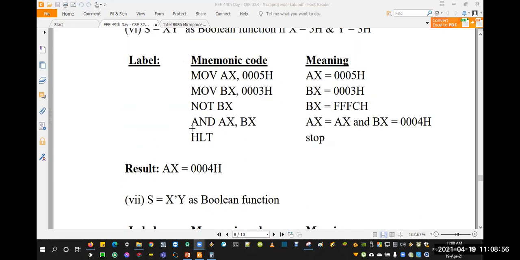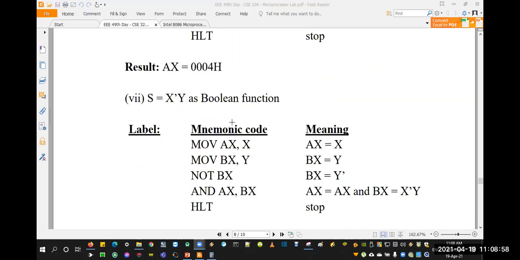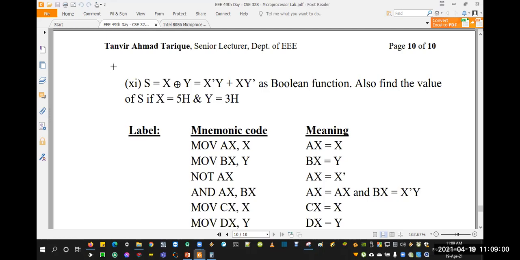Again I'm explaining this. The last example is x bar y and xy bar. You have to add this x bar y and xy bar.